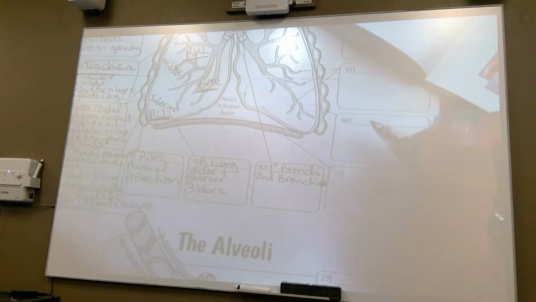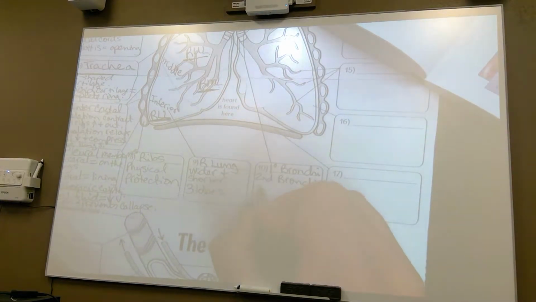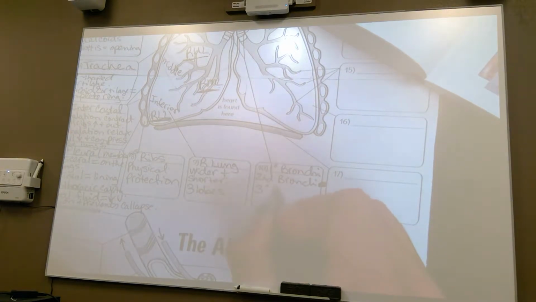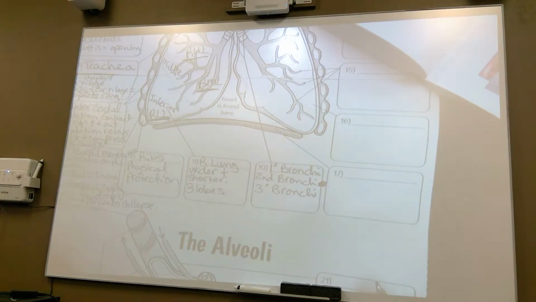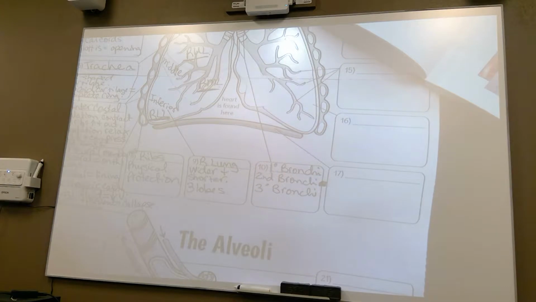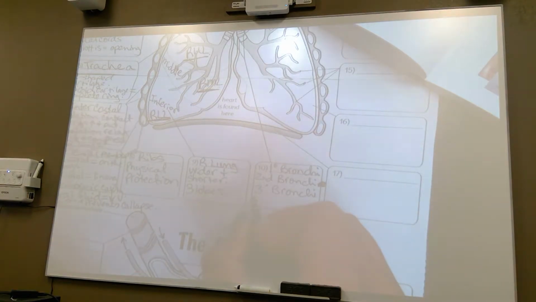So it's just a little bit bigger branches. And then we get into your tertiary bronchi. In your book, it's the orange. And then you get all the way down to your bronchioles.